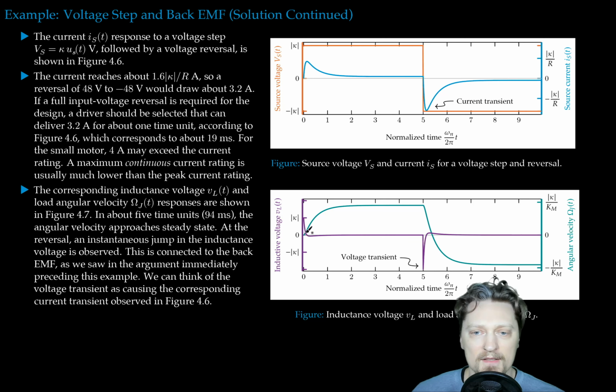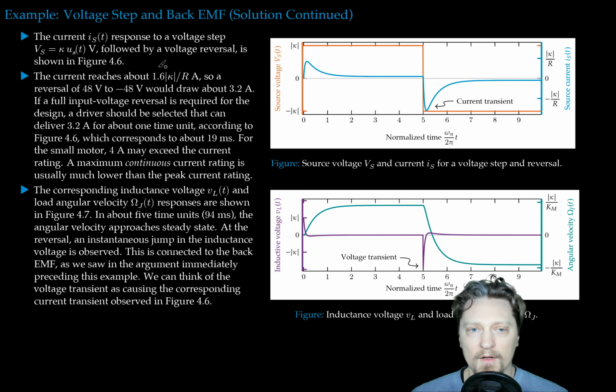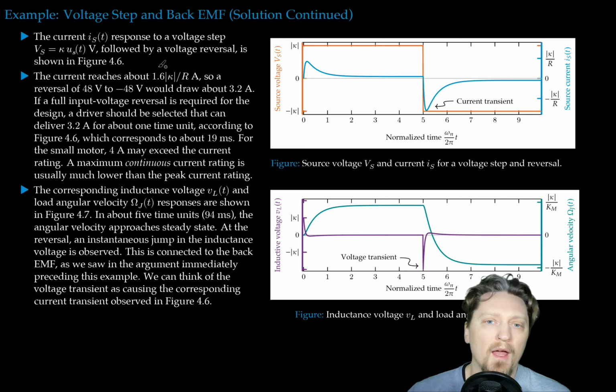So we see the angular velocity spinning up for the positive voltage application, coming to approximately steady state, and then the voltage reversal, which slowly changes the angular velocity, but in the voltage transient, we see the spike here that we described. So the current reaches about 1.6 kappa R amps. So a reversal of 48 volts to negative 48 volts would draw about 3.2 amps.